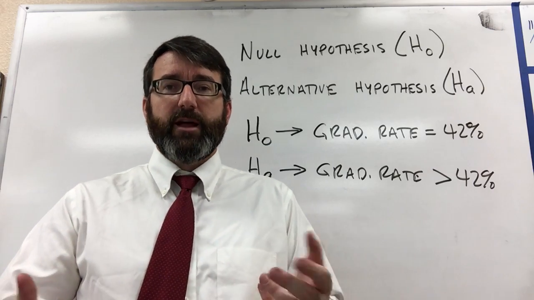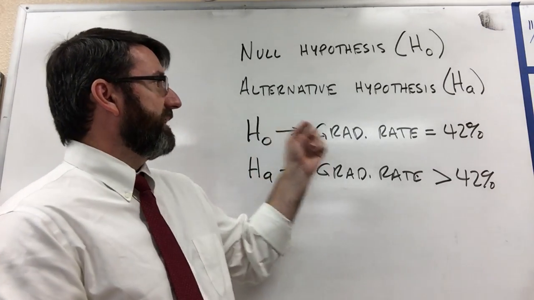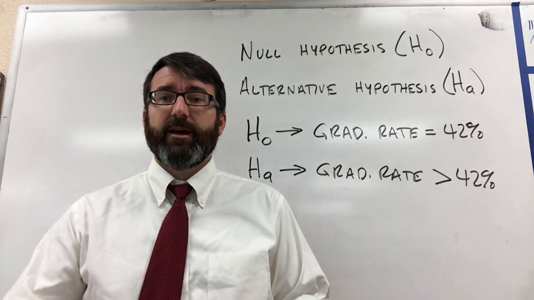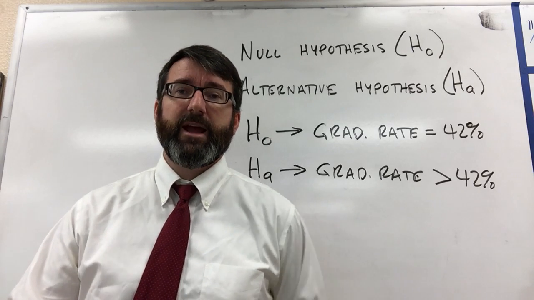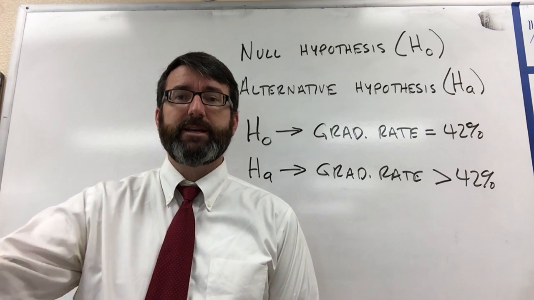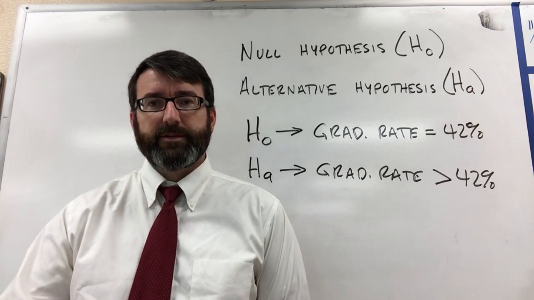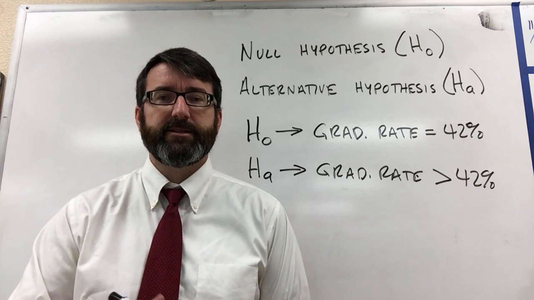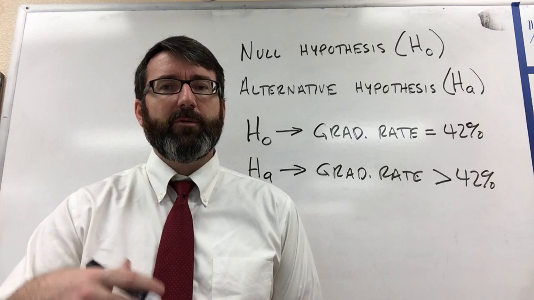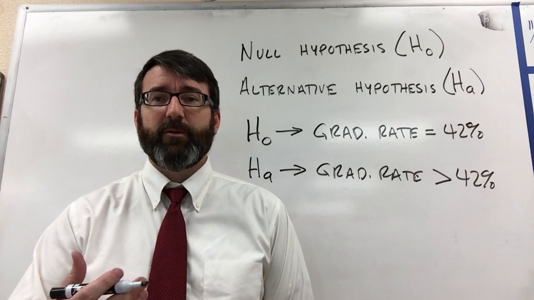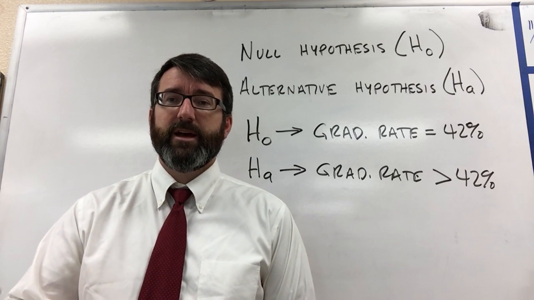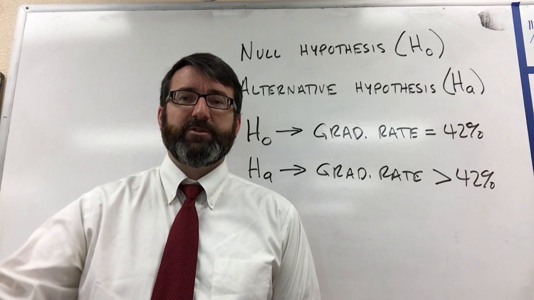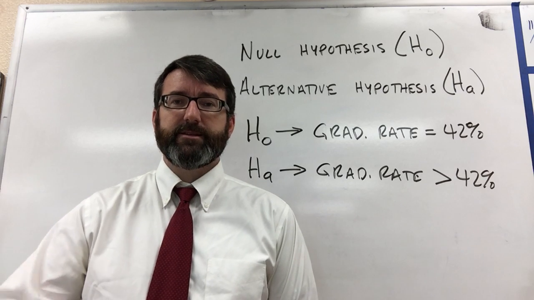If we reject the null hypothesis, then that means that the college president is right, that the graduation rate at her college is higher than the state average. So that would be the result of rejecting the null hypothesis. If we don't reject the null hypothesis, that means that we haven't found enough evidence to prove that the graduation rate is higher than 42%.